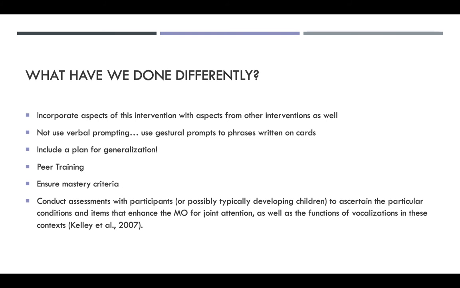So what I will do differently, I will incorporate aspects of this intervention with aspects from other interventions, which, like I said, we have done instead of using verbal prompts to teach both how to initiate and respond to bids. We have now incorporated sight cards, so she will read phrases and we will just gesture those instead of verbally saying them, because we know that she will become scripted.